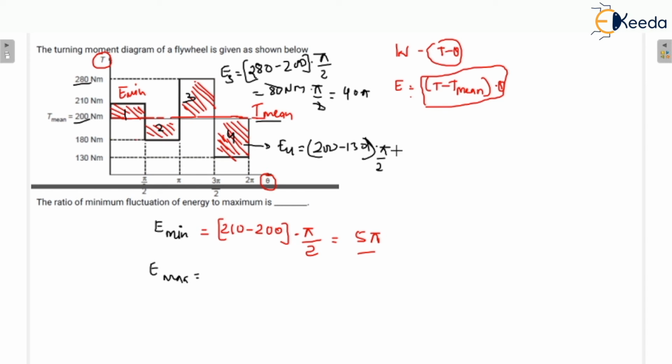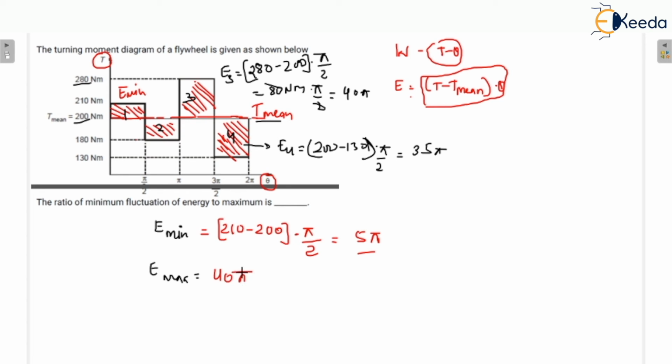So you will get here 35 pi. You can see that 40 pi is greater than 35 pi. So E maximum is 40 pi.